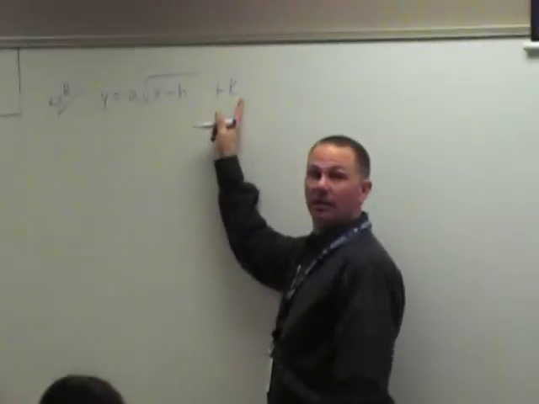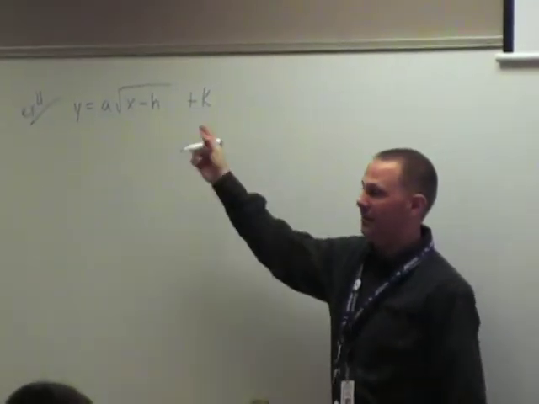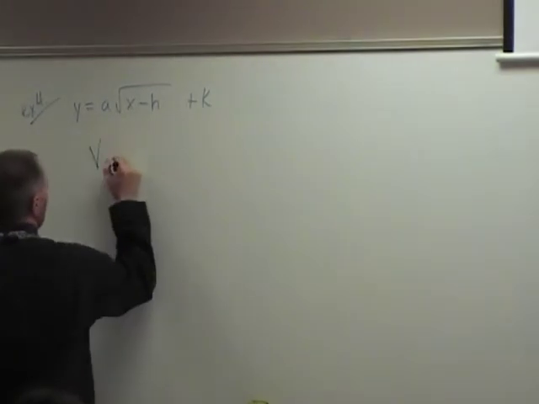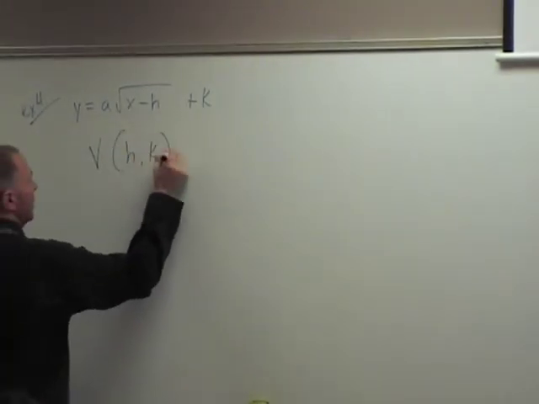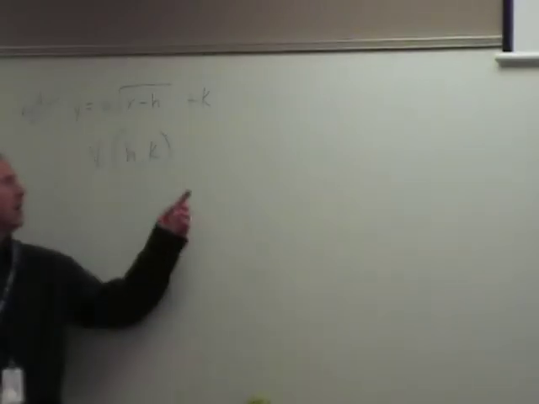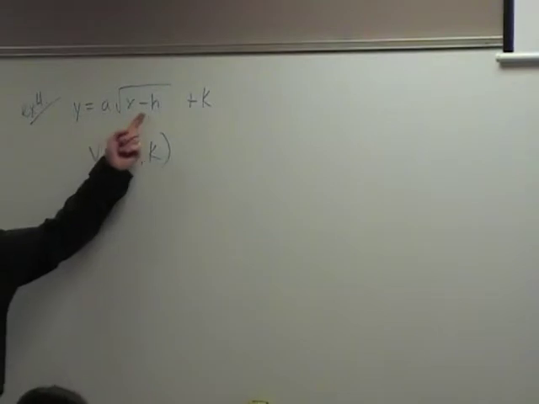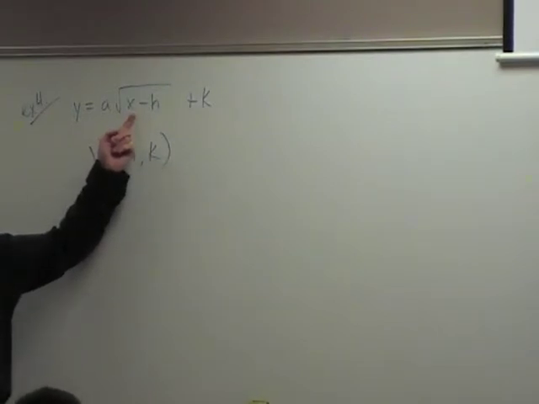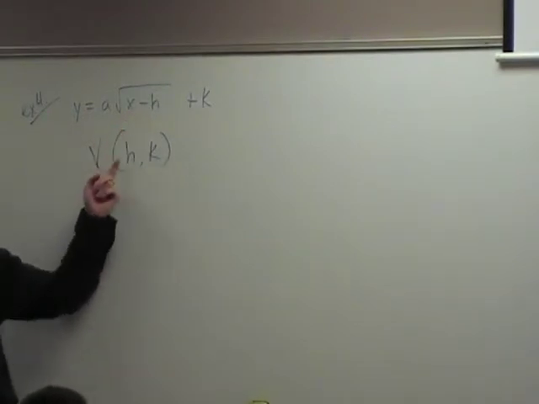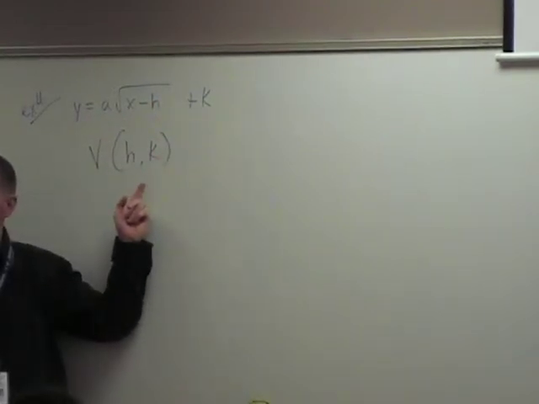It's on the outside. Now this is kind of what you were saying. This is a coordinate. The vertex is h, k. Remember I told you, whenever you have grouping symbols around something and we're talking about formulas, it's usually going to be the opposite of what's inside and remains the value on the outside. So when this value is the beginning x, what's left over, k, is the y value in your vertex.